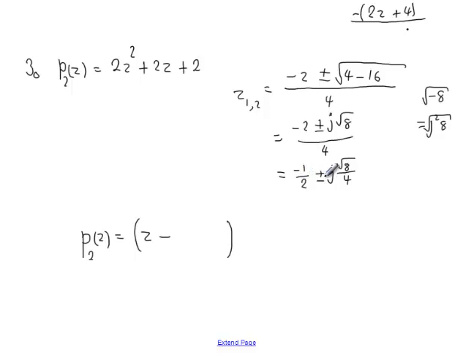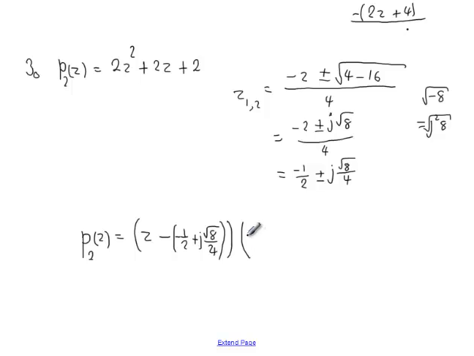One number is minus half plus that, so I'm going to put it there, minus half plus J square root of 8 over 2. If you want to write that square root of J over 4 in another way, it's up to you, as long as you know what to do there.